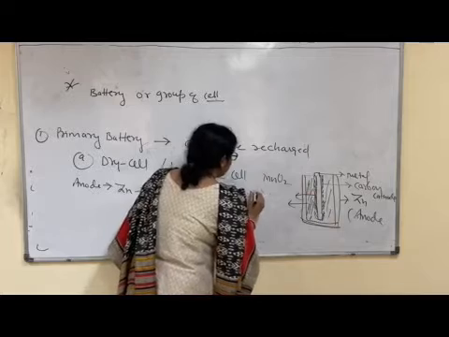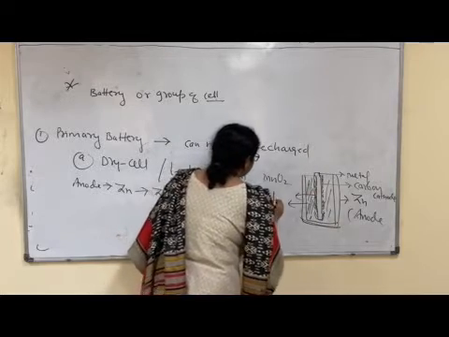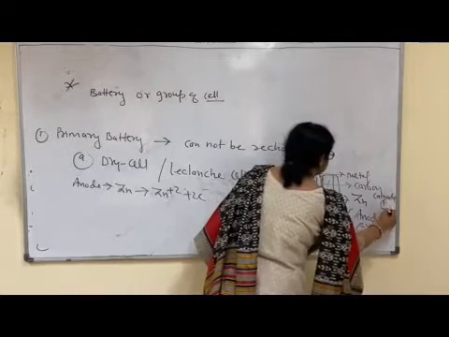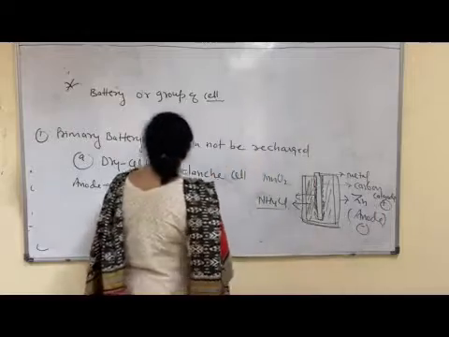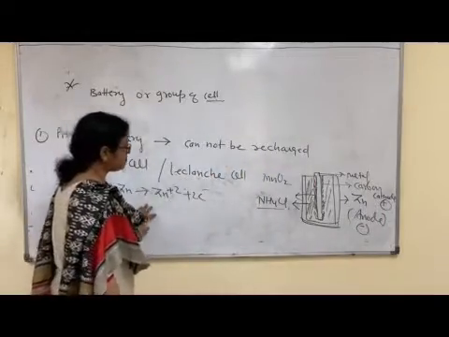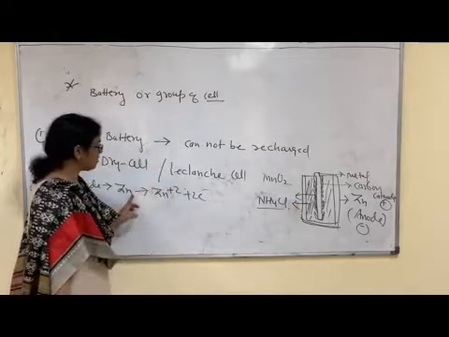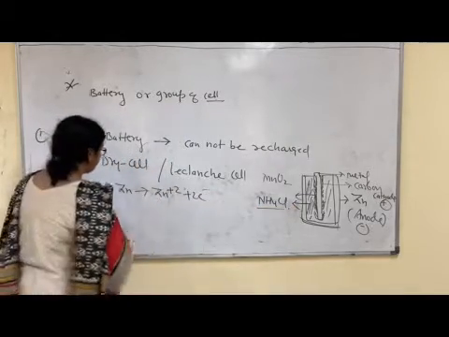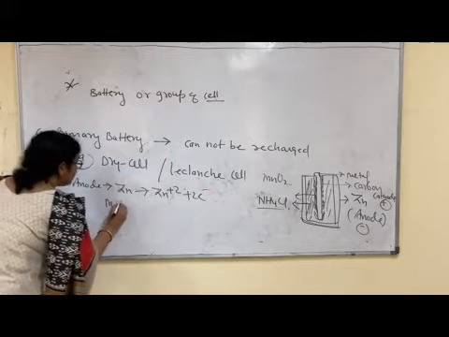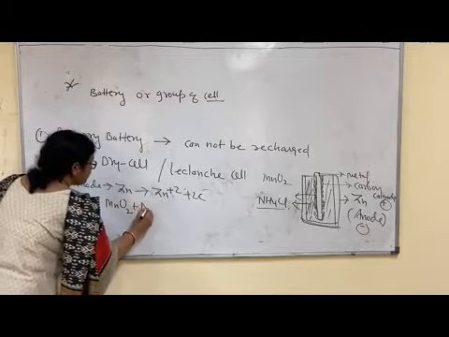One is NH4Cl. Now what is the possible reaction? When this dry cell is in working state, then oxidation occurs at the anode and reduction at the cathode.